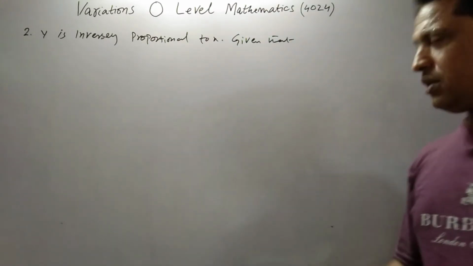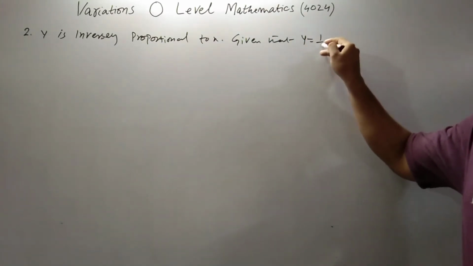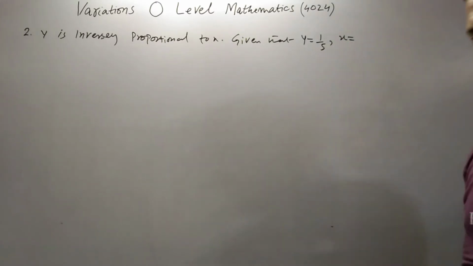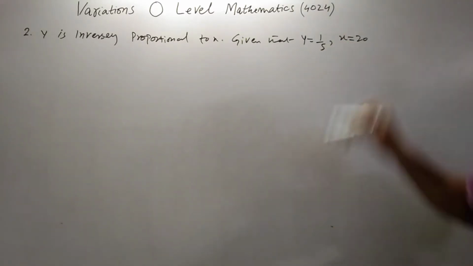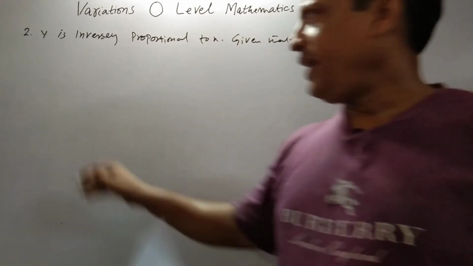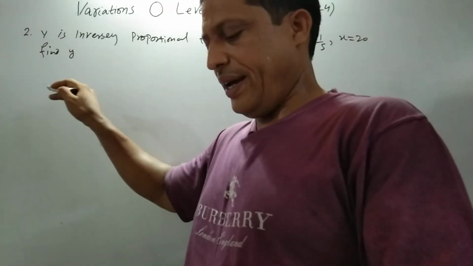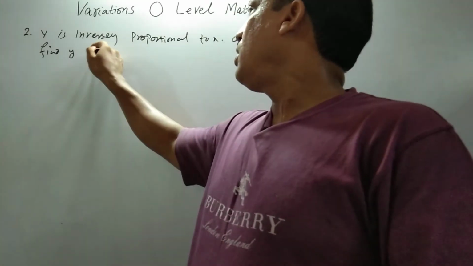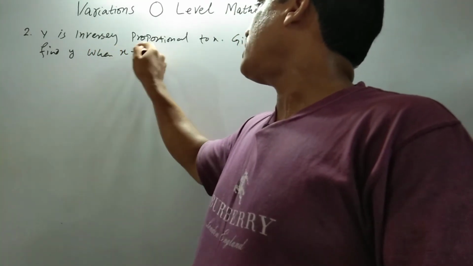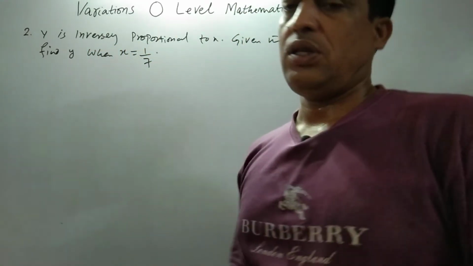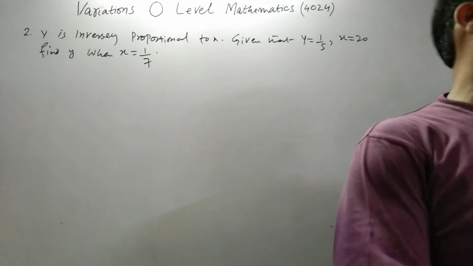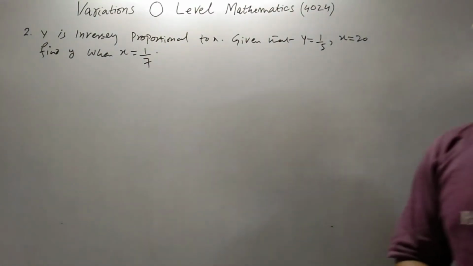Given that y is equal to 1 upon 5 when x is equal to 20, find y when x is equal to 1 upon 7. So this is the question requirement.